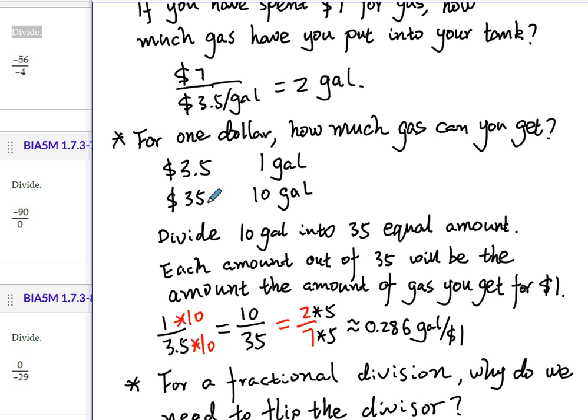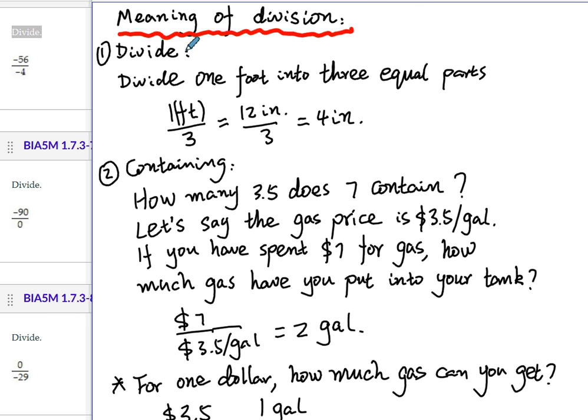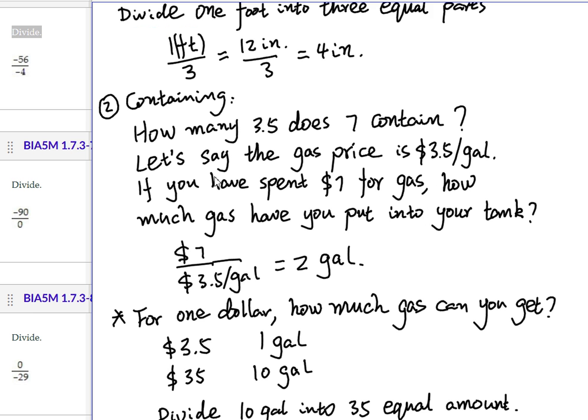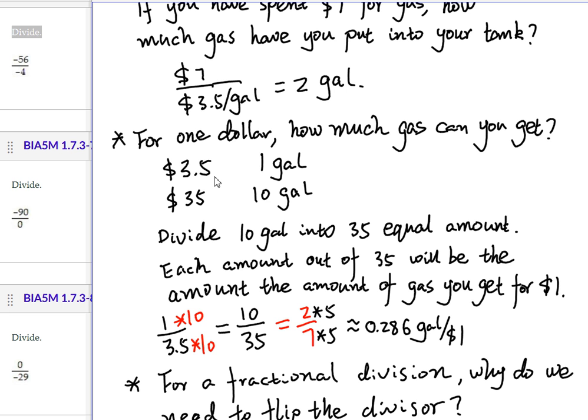So that's the meaning of division, again. One is to divide, another is containing. Okay, and at what time you use which number as a denominator depends on what kind of question you are asked.